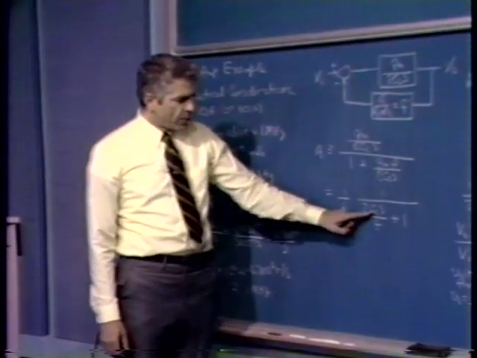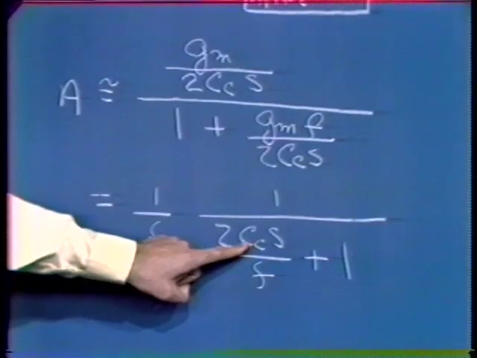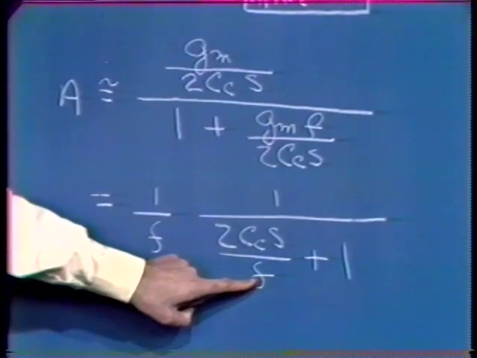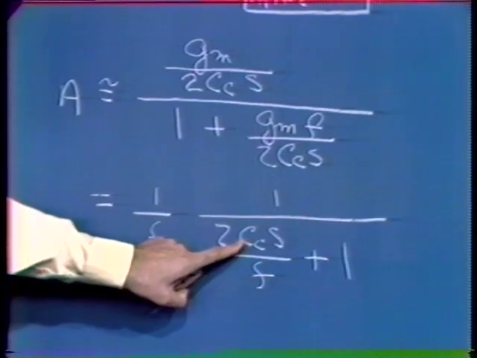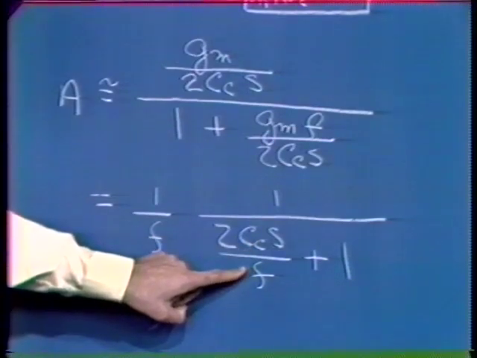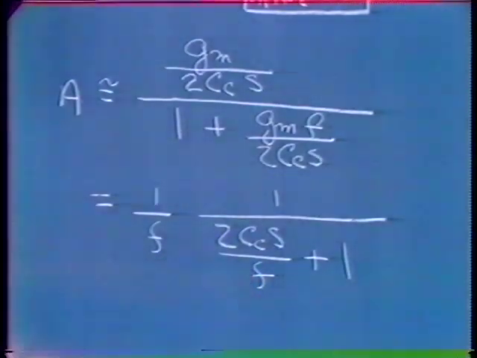The problem is that for a fixed value of compensating capacitor, C sub C, as we lower F, the time constant associated with the closed loop pole gets progressively larger. In other words, the amplifier gets slower as we go to larger and larger closed loop gains.